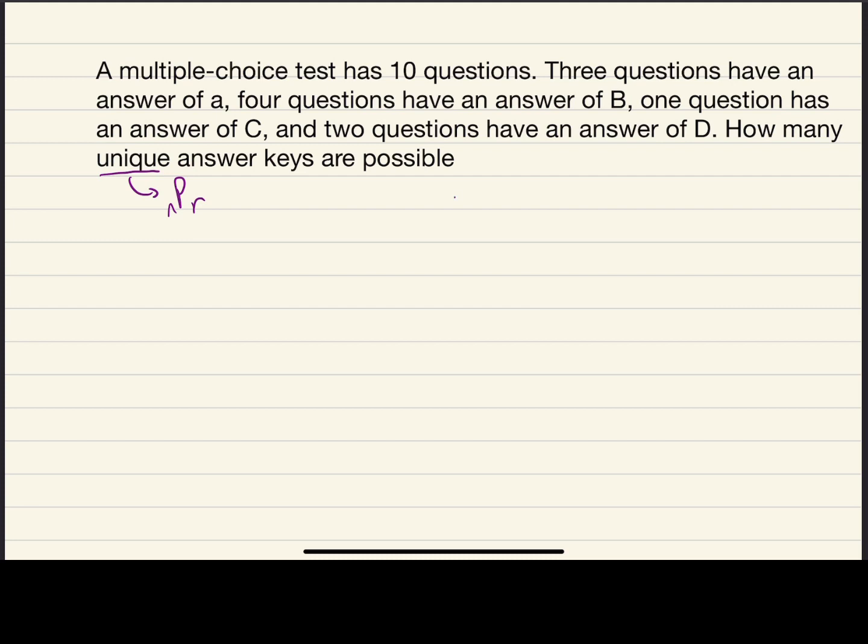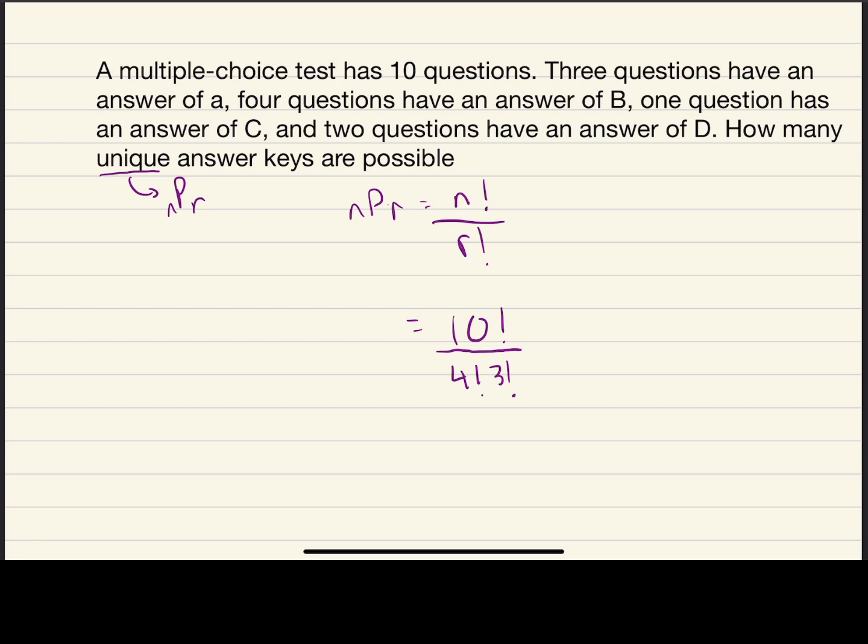So then automatically we know that we're going to use this permutation formula, n factorial over r factorial. And the n factorial would be 10 over here since there are potentially 10 questions. And that's going to be divided by 4 factorial for B multiplied by 3 factorial for A. Now the order doesn't really matter here in terms of whether I write the 3 first or the 4.